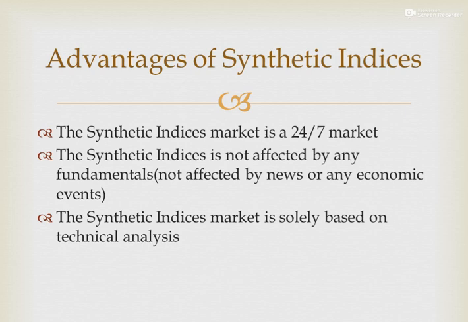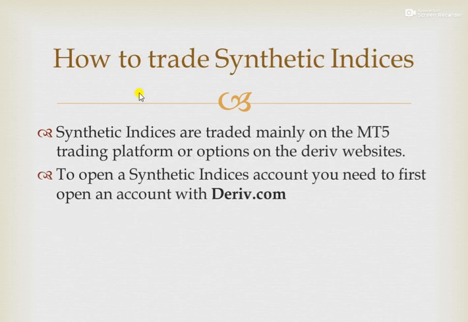And then we talk about how to trade synthetic indices, or where you can trade them. Synthetic indices are traded mainly on the MT5 trading platform or as options on the Deriv website. At Blue Pips Trading and Capital, we focus on trading synthetic indices on the MT5 trading platform, not on the options or Deriv website.